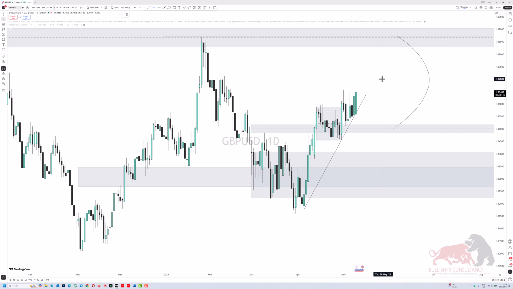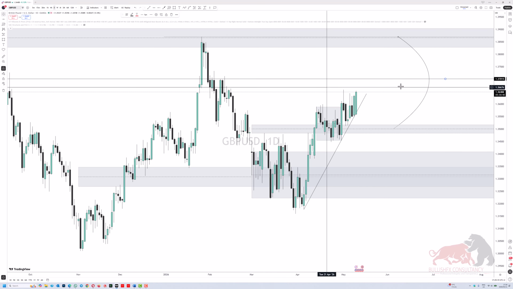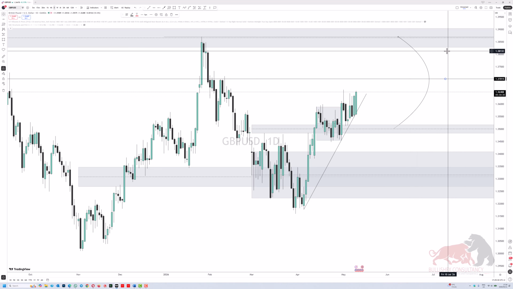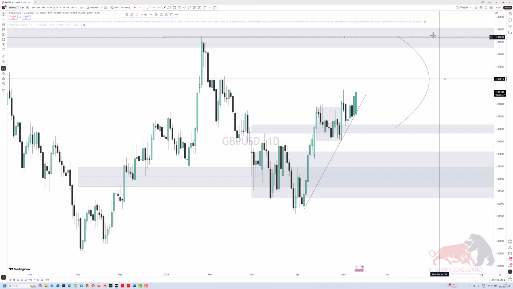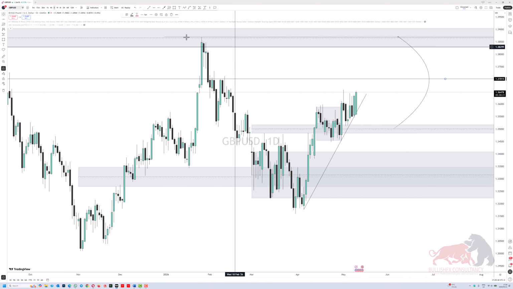Beyond that, the broader higher time frame objective remains the 2026 highs, coming in at $38,500 from an institutional perspective. So here the high is at $38,700. That's the broader higher time frame objective.